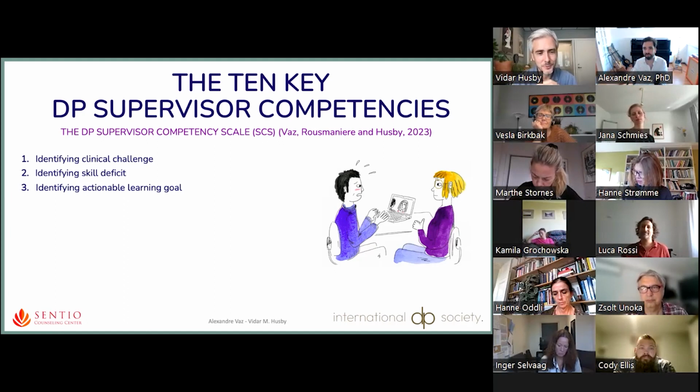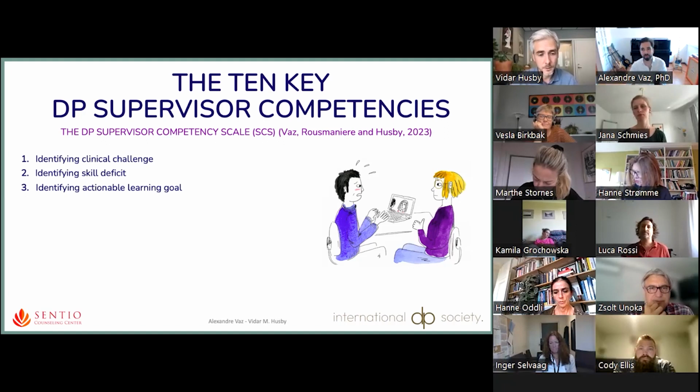I think it's too much to ask because there's so much other stuff to think about in a session. So if the learning goals are actionable, we can actually practice them also. We can put them to use before seeing the client and experience with them in a safe place, which benefits both the client and ourselves.